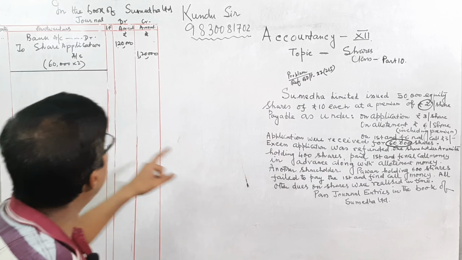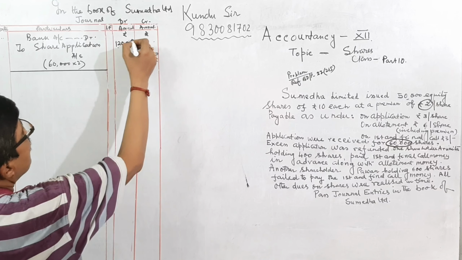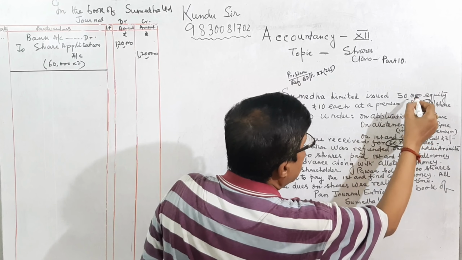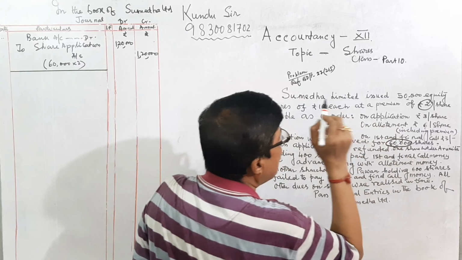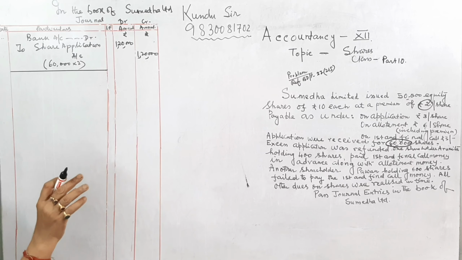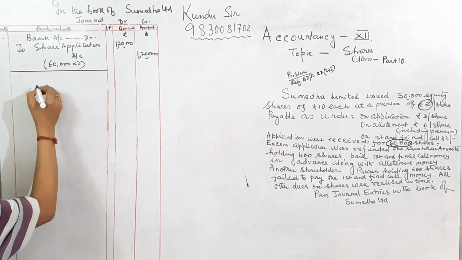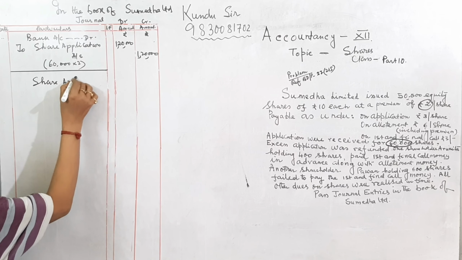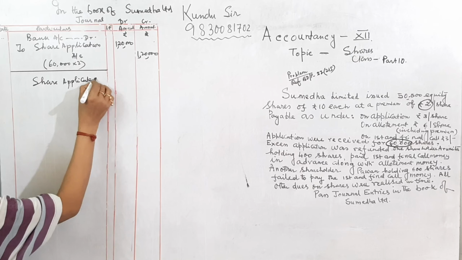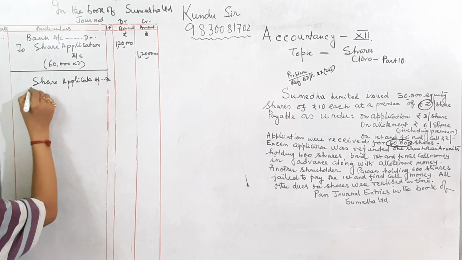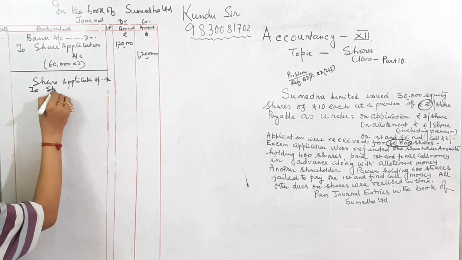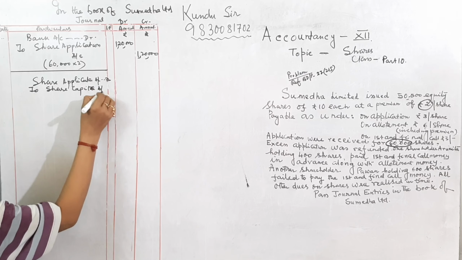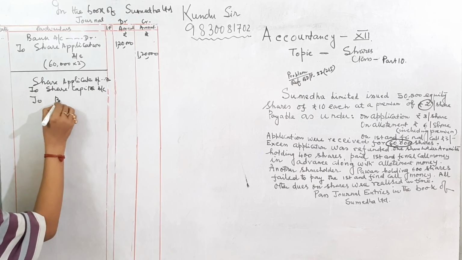Next, the company is refunding the excess application money. 50,000 and 60,000, that is a difference of 10,000 shares, whose money is to be refunded. That is: share application account debit, to share capital account, to bank account.